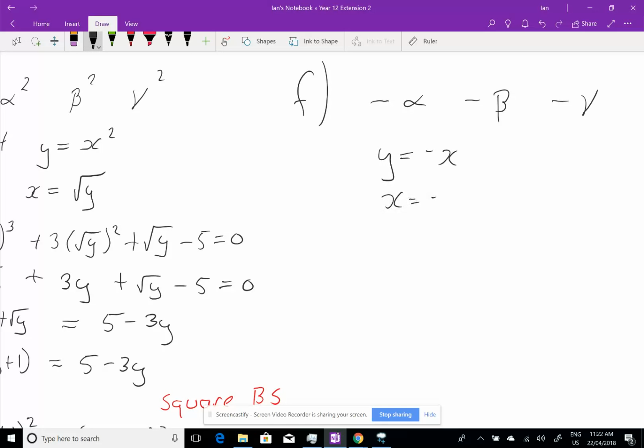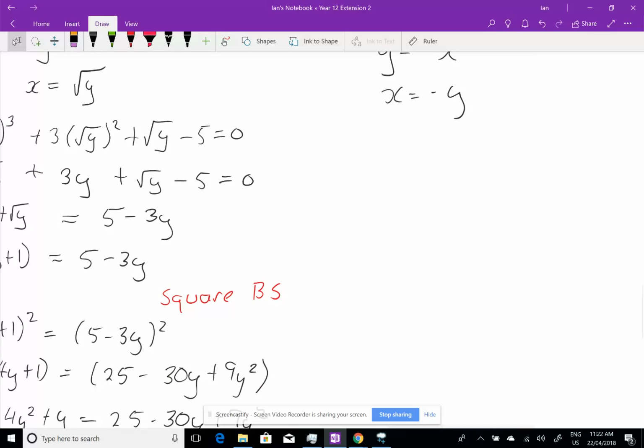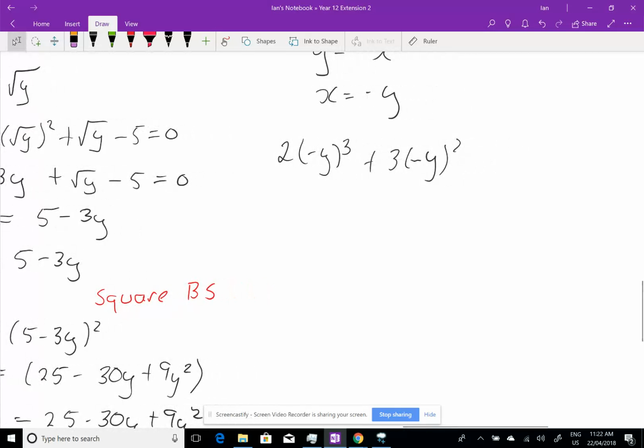So x equals negative y. Again, we just substitute in 2 times negative y cubed plus 3 times negative y squared plus negative y minus 5 equals 0.